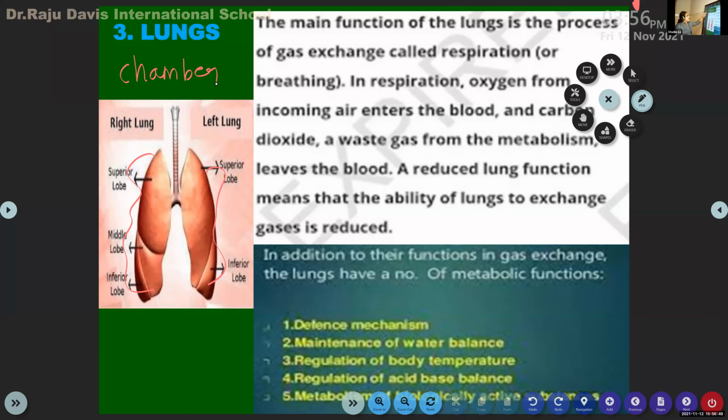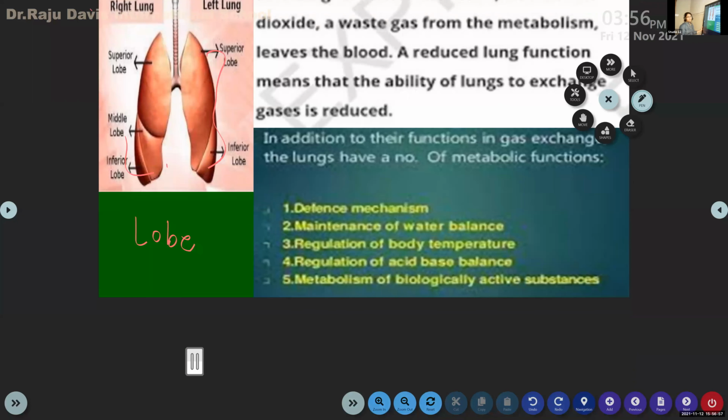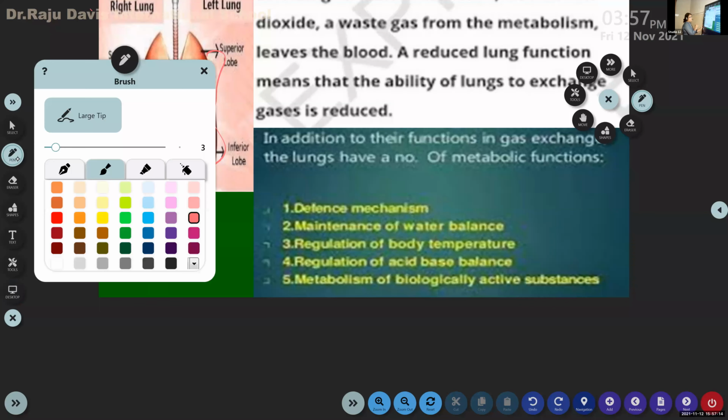Here, the scientific name for chamber, which you will see on the internet, is another word, lobe, L-O-B-E. Lobe means chamber. So this is the first chamber, you can see the second chamber, and this is the third chamber. There are 2 lungs, left lung and right lung, and each lung has 3 chambers.